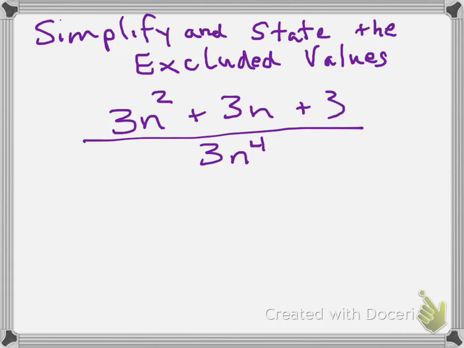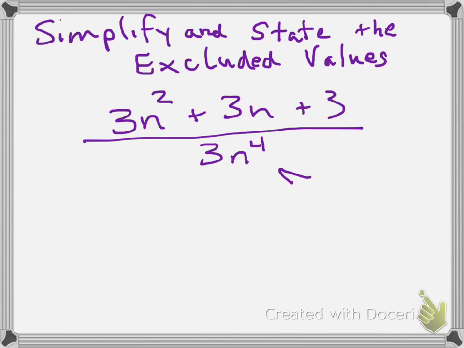Okay, now one of the things that you're going to need to be able to do with all of this factoring is, when you have a rational expression, how do you factor things out, cancel them, and figure out what values can't be in the denominator? Well, I hope all of you know that the one number that can never be in the denominator is 0.